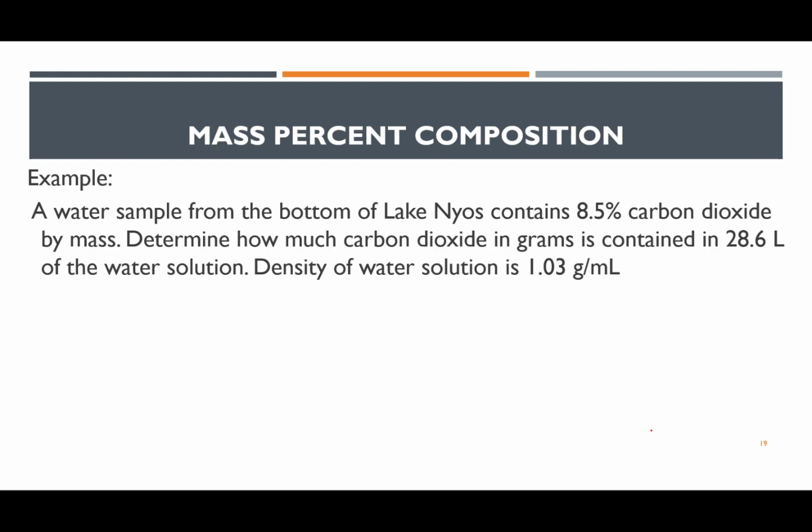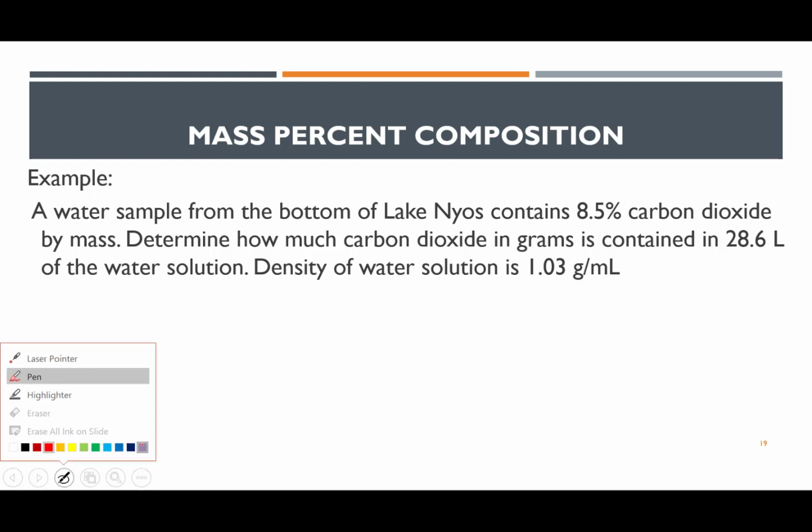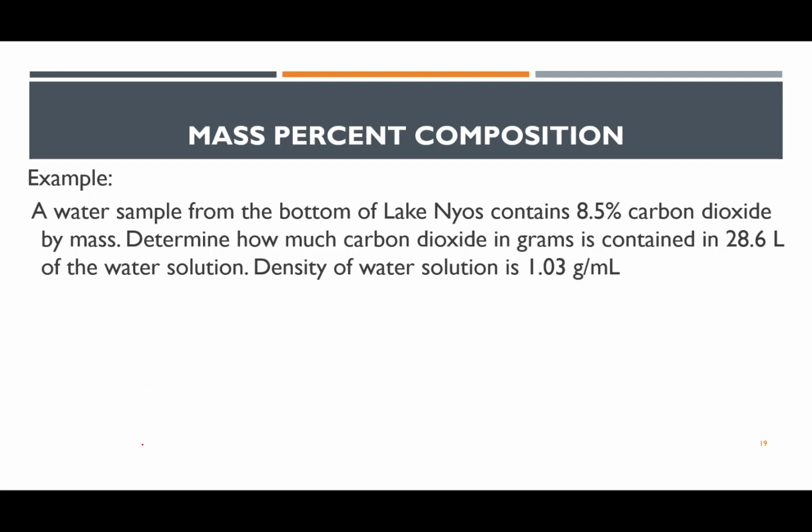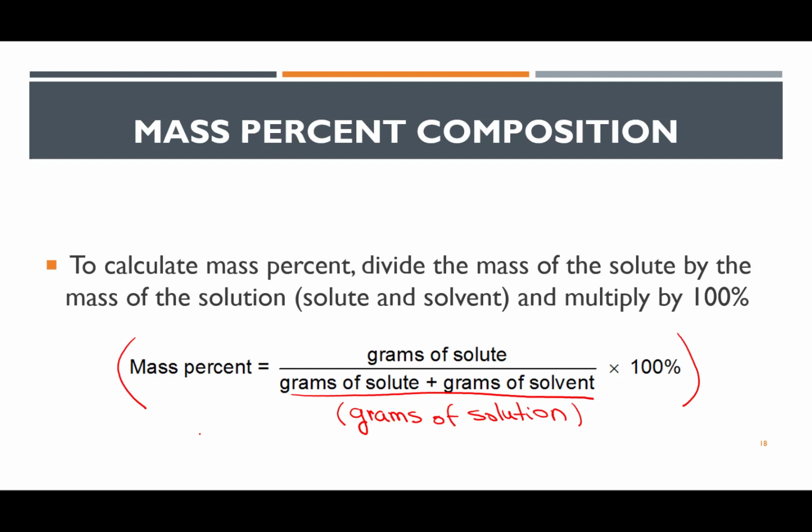Now let's do this example. In this example, we want to calculate the mass of carbon dioxide that is dissolved. What we know here is the mass percent. If I go back to my previous slide, we do know the mass percent, and this is what we want to calculate.